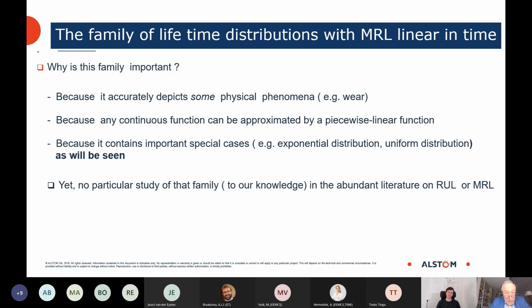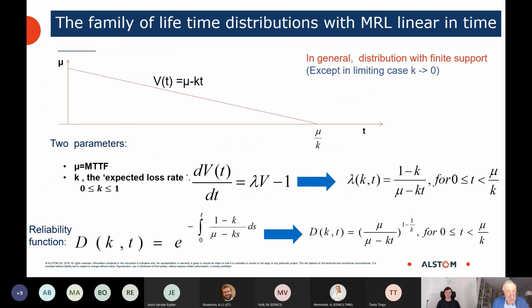And third, because it contains important special cases, as we'll see in a moment: the exponential distribution, the uniform distribution, and others. And yet, in the literature, I have not been able to find any study of this class of lifetime distributions. So we did it. It's not too complicated. It's enough to use the equations that I reminded you of before.